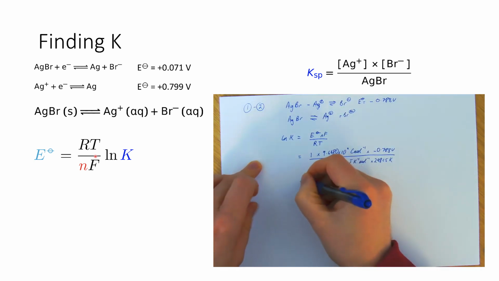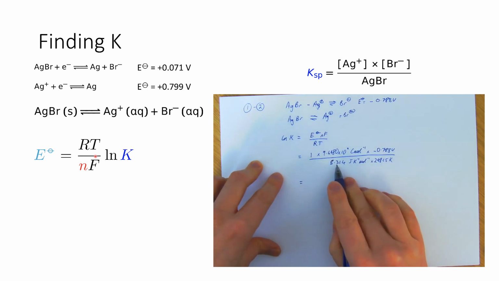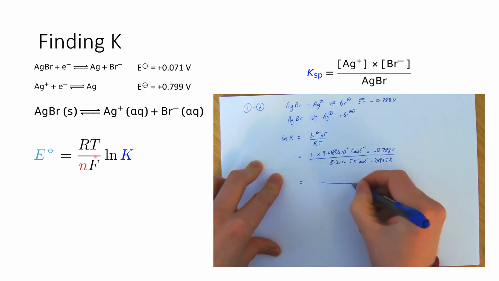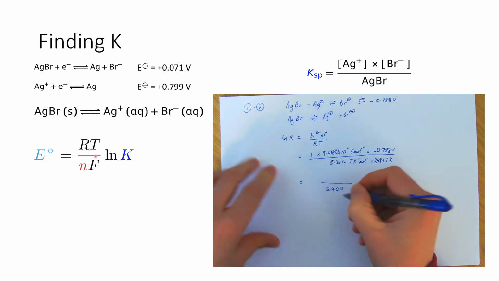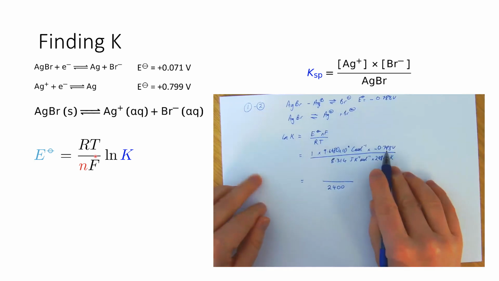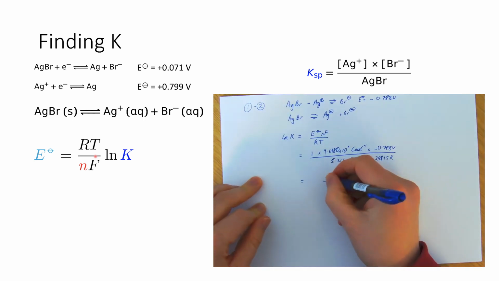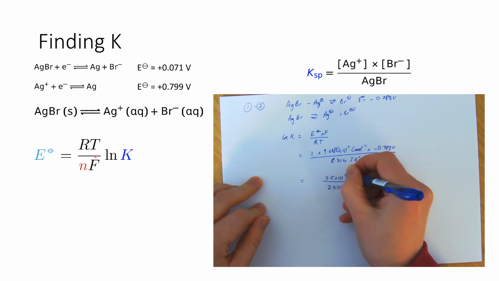Okay, apply the same approximations as we did before. Remember, 8.314 times 298 is approximately 2400. So let's say something like 0.788 times this will give us 7.5 times 10 to the 4.